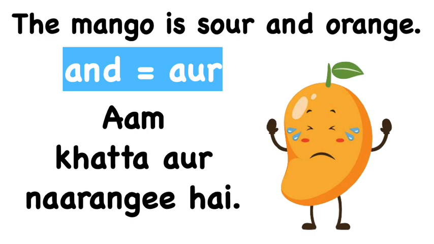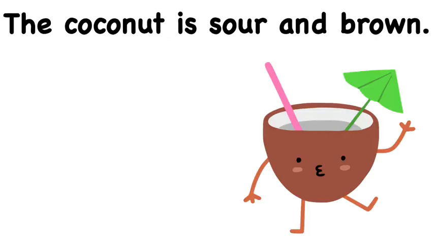And remember, guys, the orange color is different than the orange fruit in Hindi. The orange color is narangi and the orange fruit is santara. They're two different words in Hindi. So to say the mango is sour and orange, we mean the orange color in this case. So we say aam khatta aur narangi hai.